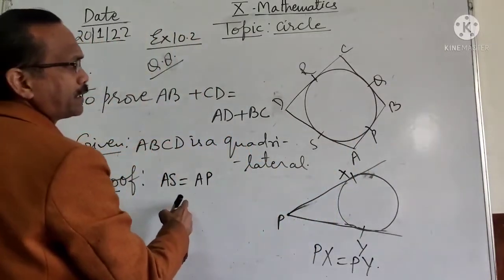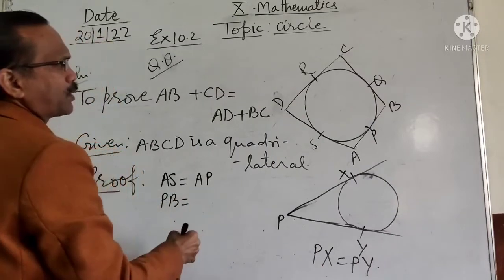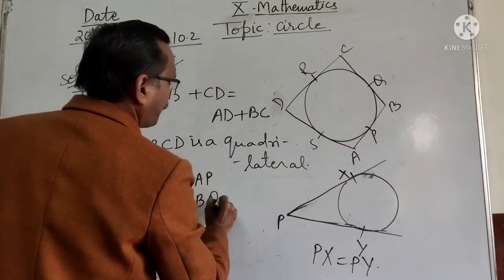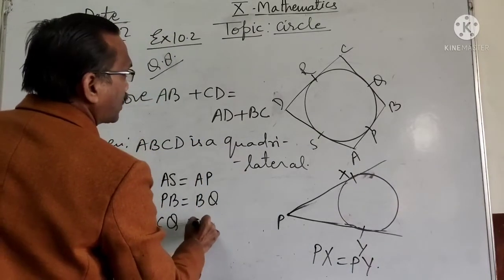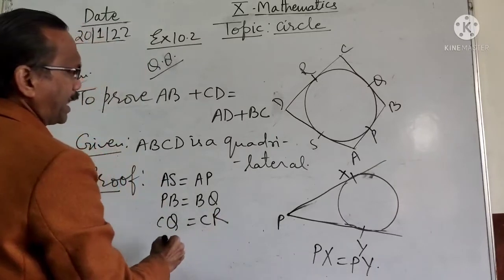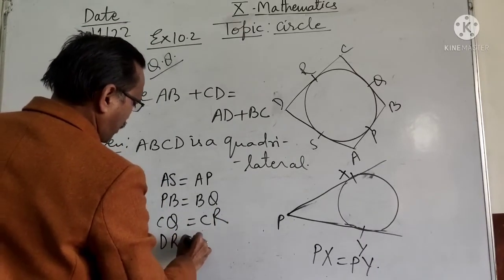So according to that, here AS equals AP. Then PB equals BQ, and CQ equals CR, and DR equals DS.